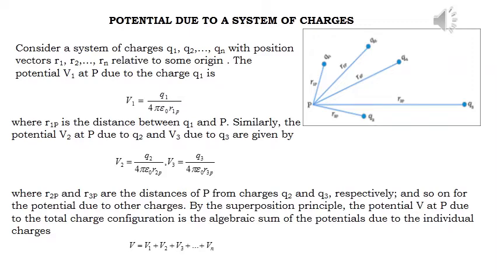Similarly we can get all the potentials V1, V2, V3 up to Vn. Adding all the values gives the total potential at the arbitrary position P due to the n charges in the system.